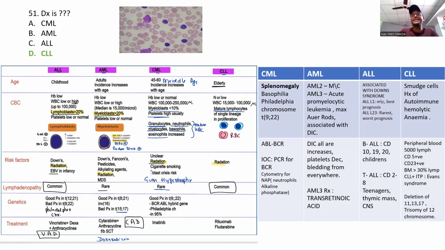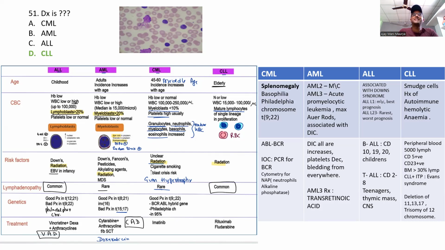That is t(9;22). That chromosome is called BCR-ABL. Okay, so that is enough for CML, and the drug of choice is imatinib. Imatinib is also used for GIST, gastrointestinal stromal tumor.